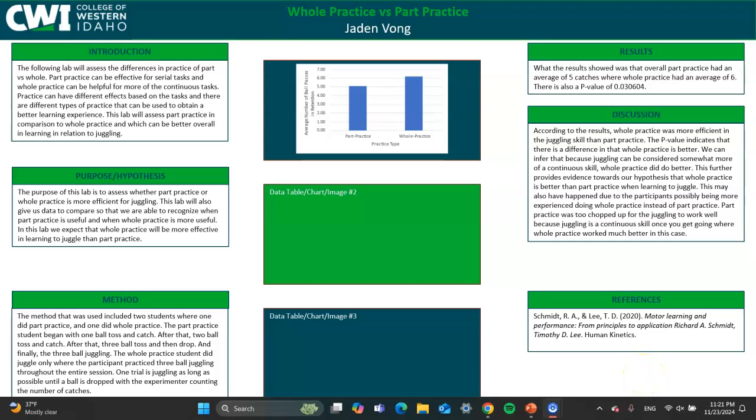Alright, so we will be talking about whole practice versus part practice. This lab essentially will show a couple differences in part practice and whole practice.